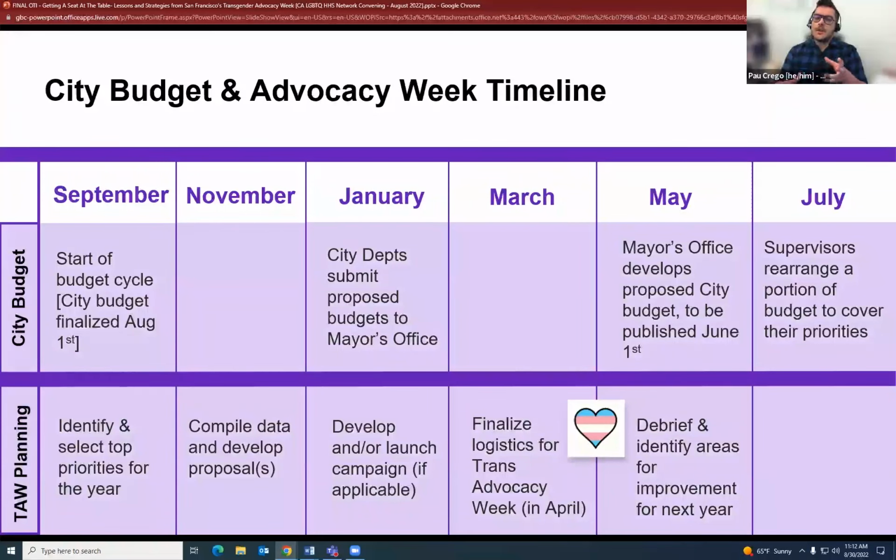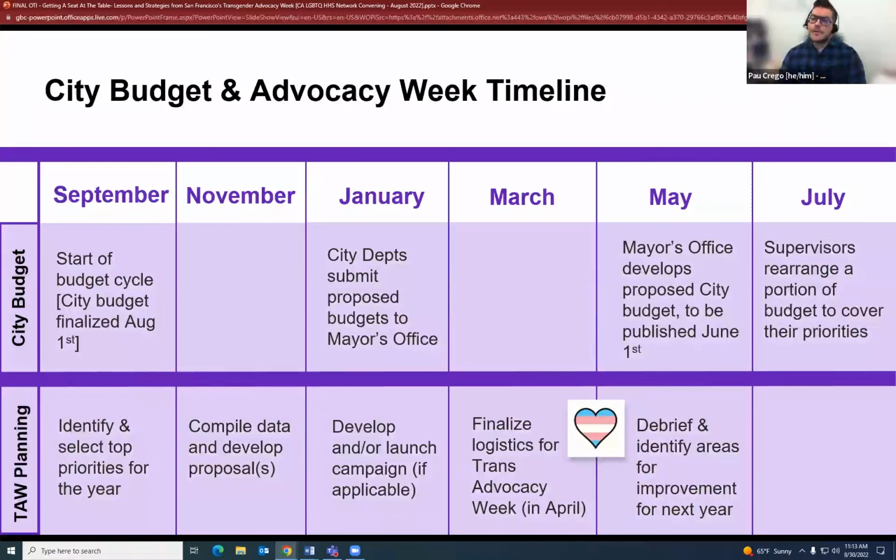However, there's still a lot of work that happens behind the scenes outside of that one week, right? Some of that work is working with our advisory committee to identify the priorities, compile the data, and develop the recommendations that we want to focus on. If there's a campaign that we want to do, then also developing that.